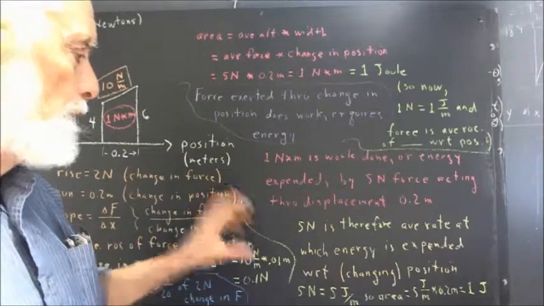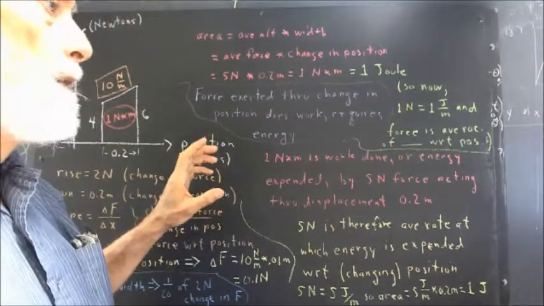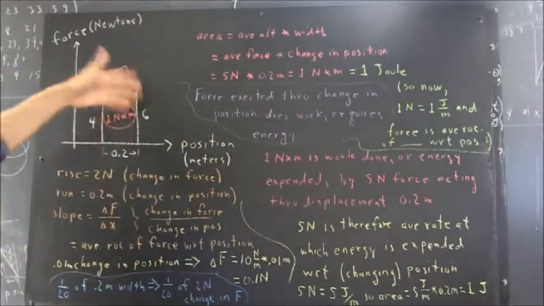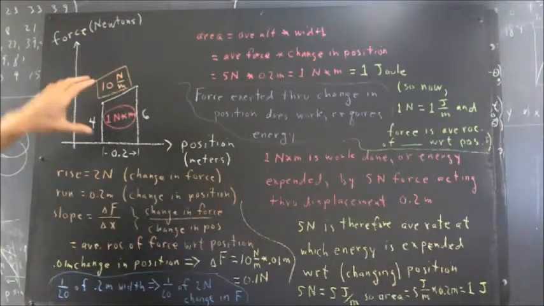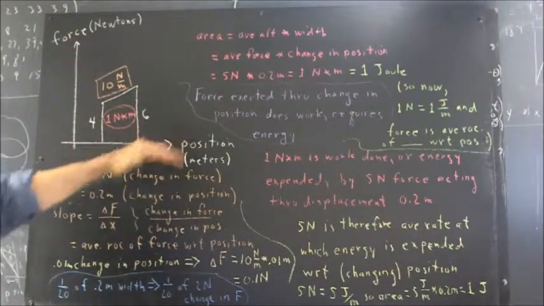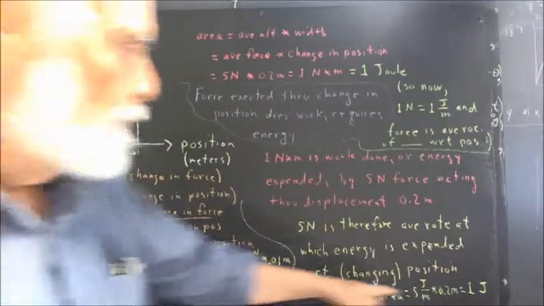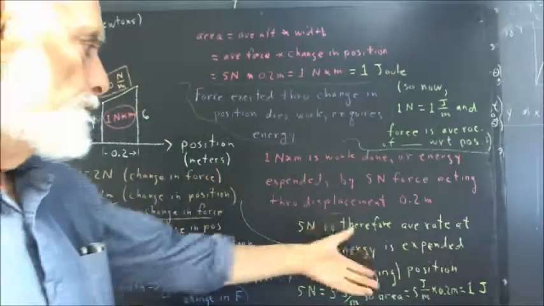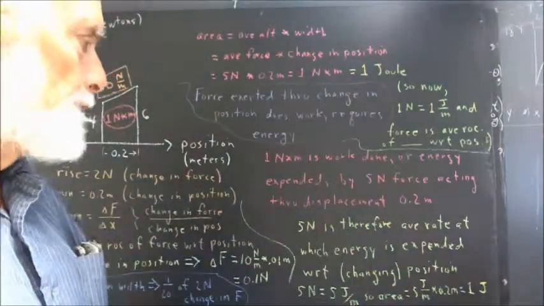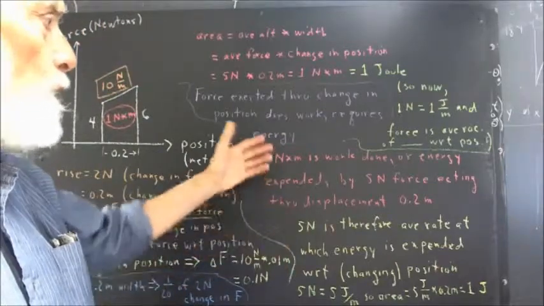So we've used the general principle about the meaning of graphs and the fact that there should be a rate of change of something with respect to this, and figured out what that something should be, and it turns out that it has a fairly sensible and tangible interpretation as work or energy.